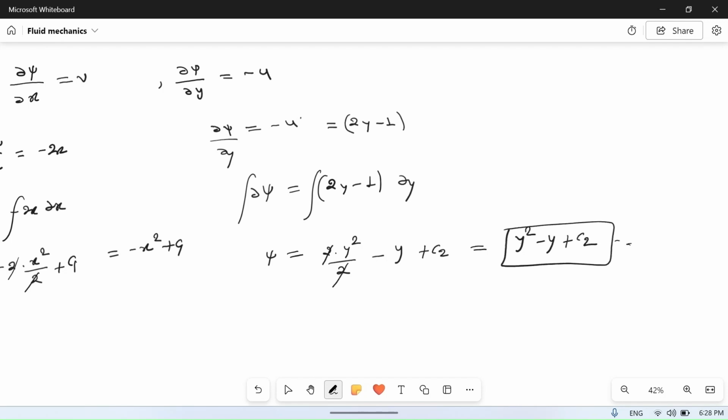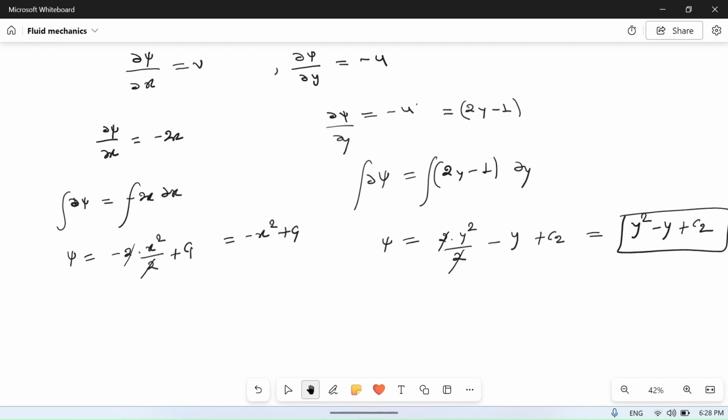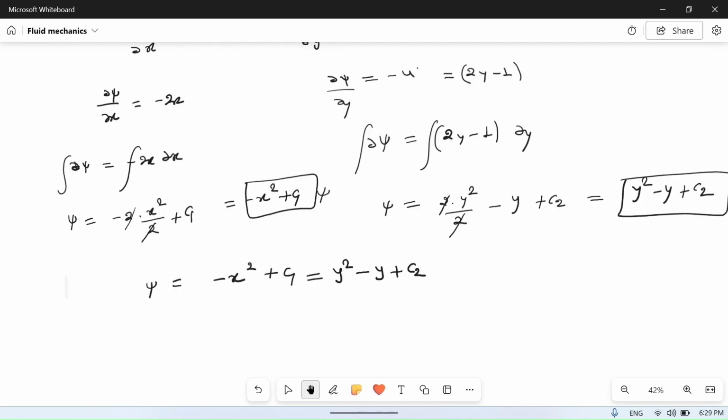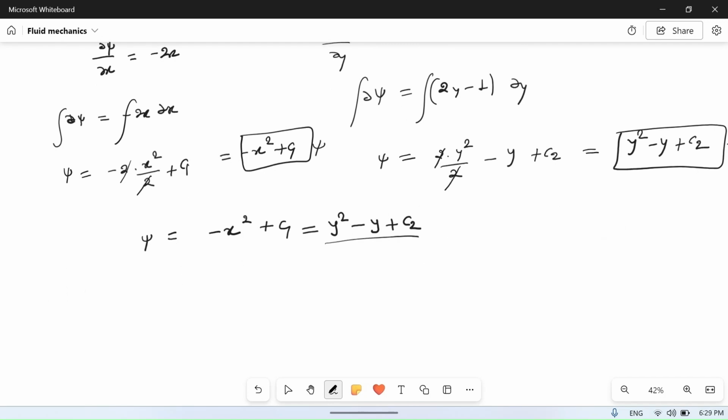This is the value of psi, and this is also the value of psi. If we equate these two, then minus x square plus c1 is equal to y square minus y plus c2. How can these two be equal?